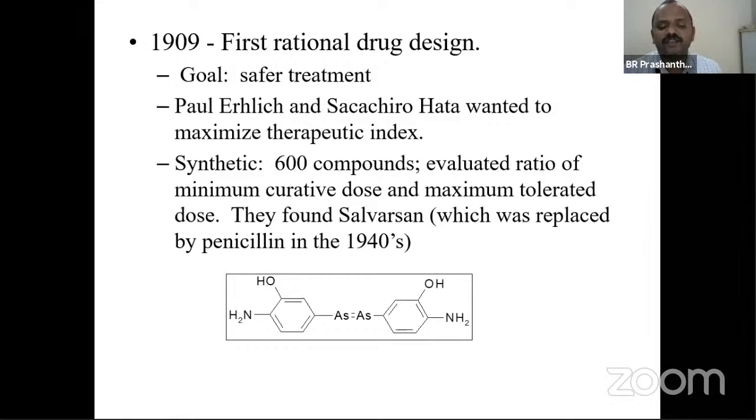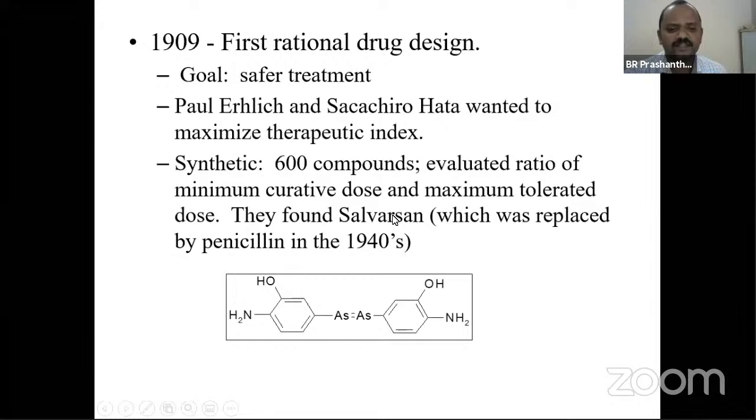In that context, they synthesized a large number of compounds, some 600 compounds. They synthesized these molecules and evaluated the ratio of the minimum curative dose to cure the disease and the maximum tolerated dose. By doing this to find the therapeutic index, they found Salvarsan.